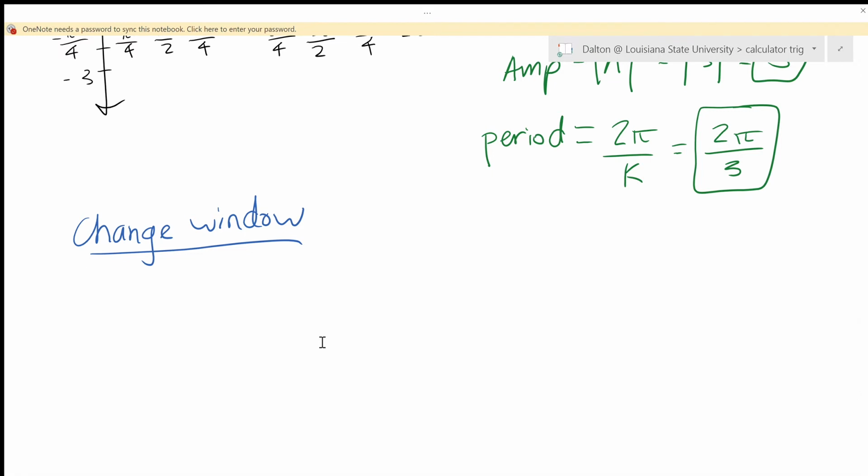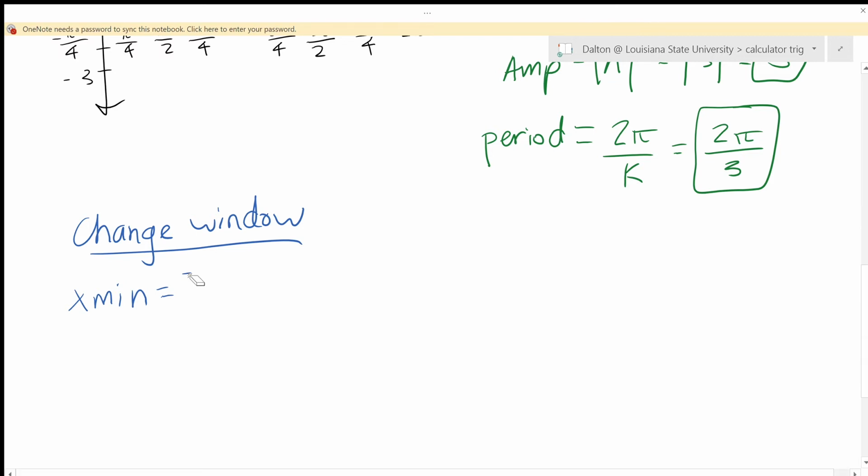So we want to make our window in the calculator match the graph grid that I provided you with on your paper. So if you're looking at the grid on your homework paper for number 8, part A, what is the minimum x value on the picture? Close. Negative pi over 4. So that's what you want to put in as your x min.